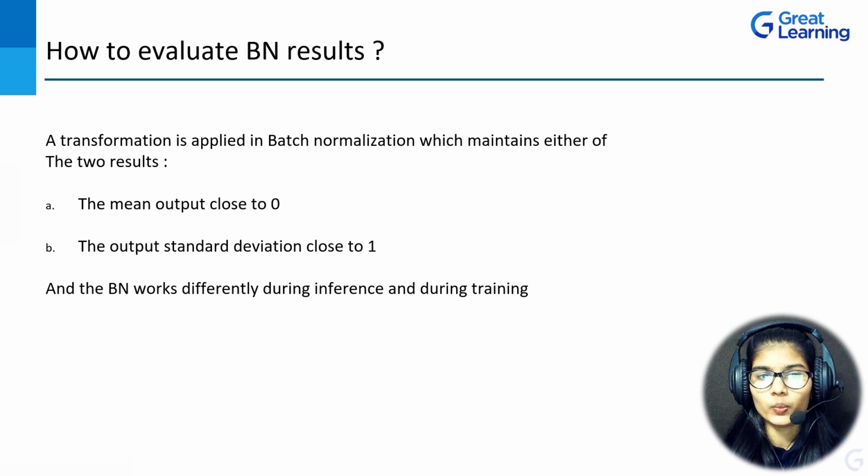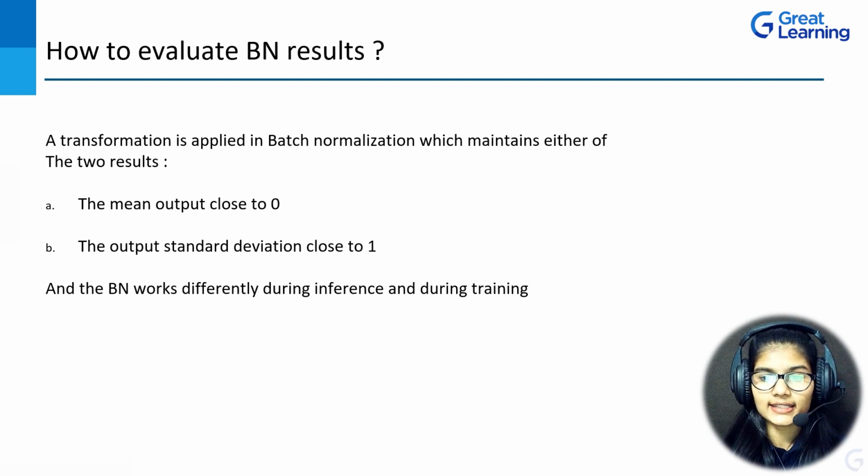So whenever the transformation is applied in batch normalization, it maintains either of these two results. The very first one is that the mean output will be close to 0.